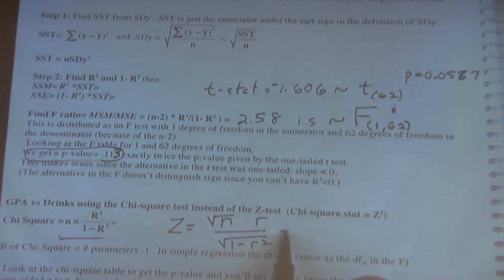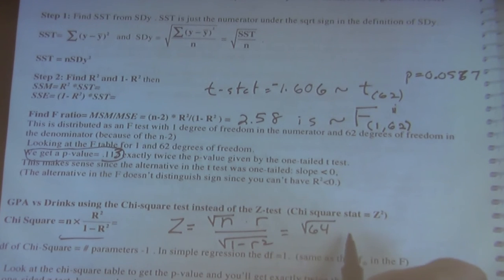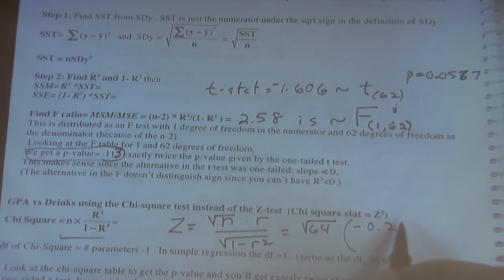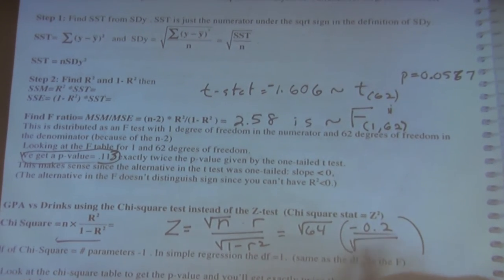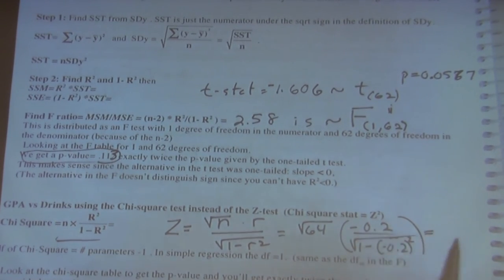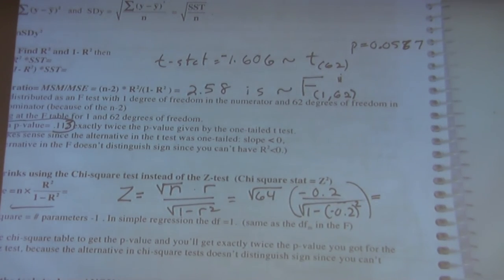So if we did this, we get the square root of 64 times negative 0.2 over the square root of 1 minus negative 0.2 squared. And that's going to be, what did I get when I did that?